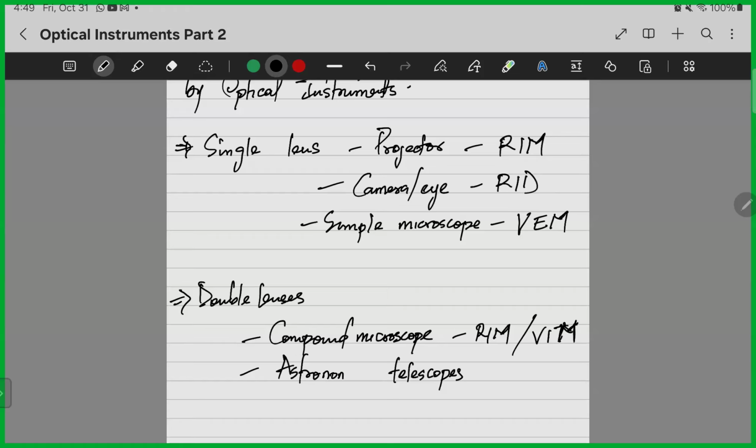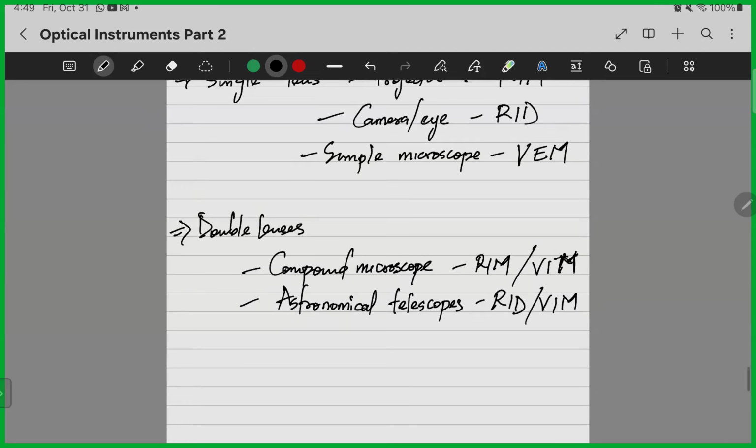Astronomical. It also forms RID or VIM, that's real inverted diminished or virtual inverted magnified. Then others, real inverted diminished or virtual erect magnified.